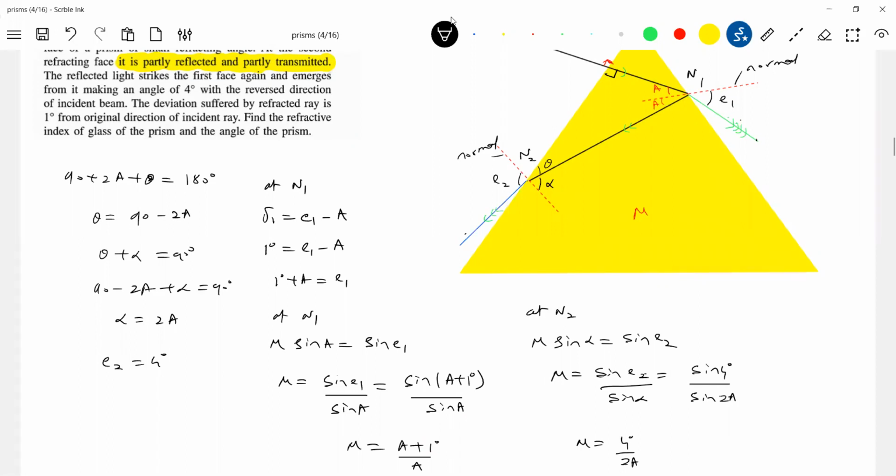After getting the angle of prism, we'll get the value of mu. Answer, I'll write it, check it out: angle of prism 1 degree, and mu is 2.